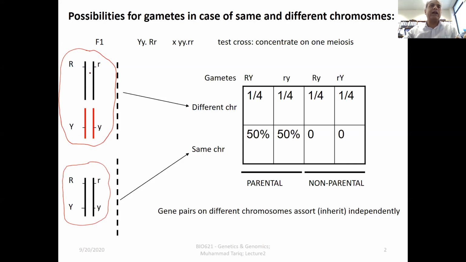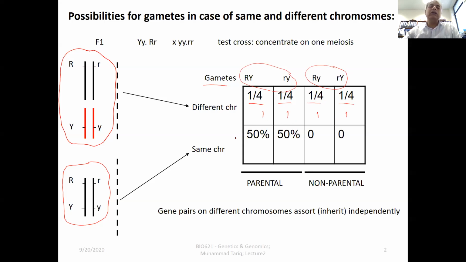If they reside on independent chromosomes, according to Mendel's law of independent assortment, you get 25% of each gamete, and there will be equal parental and non-parental. So it will be 1:1:1:1 or 1/4, or you can also say 25% each.